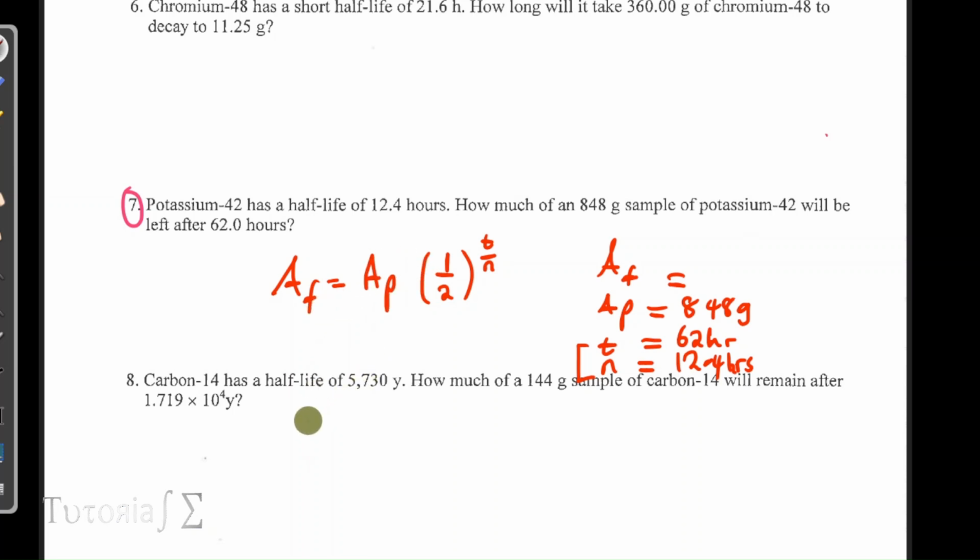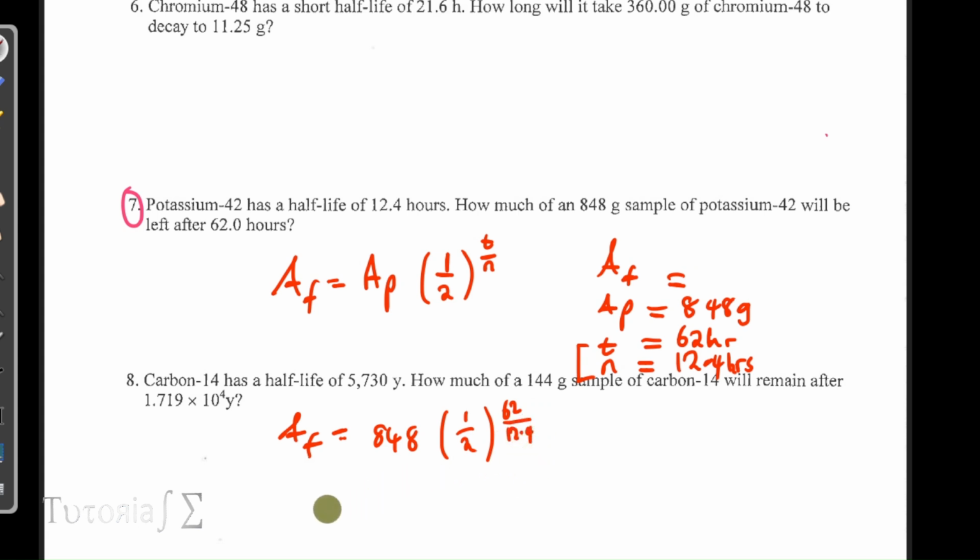So our future value will be equal to AP, which is 848, open bracket 1/2, close bracket to the power 62 over 12.4.